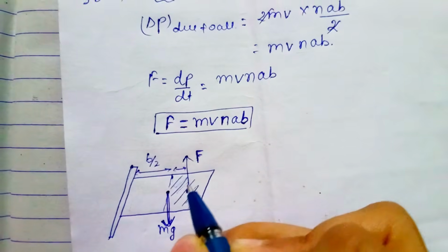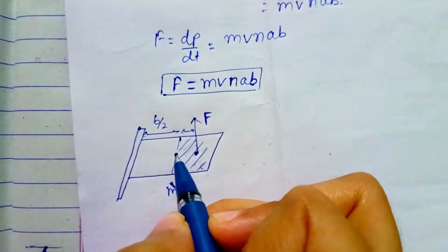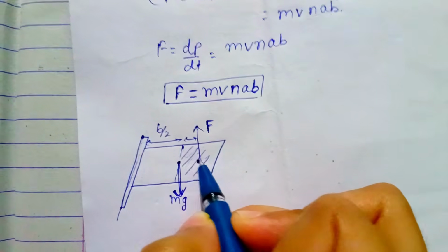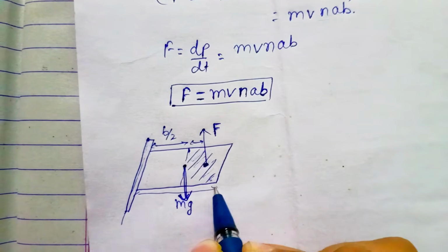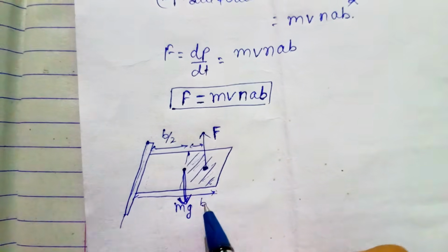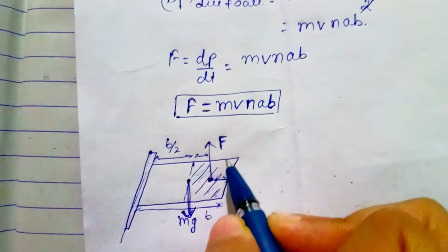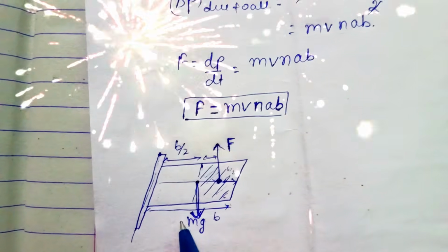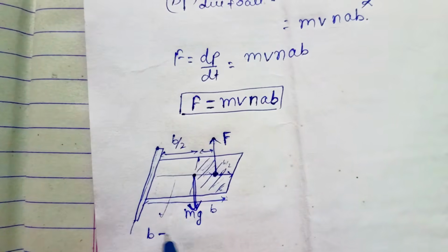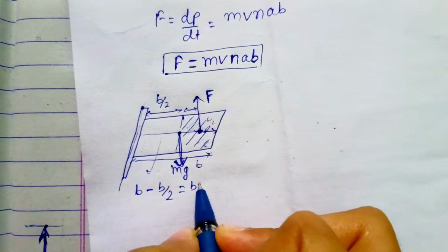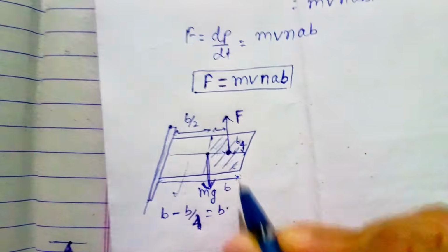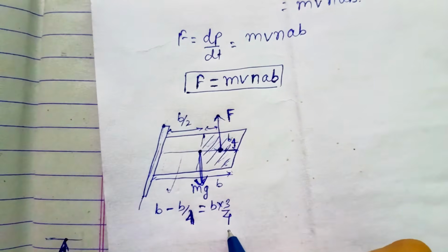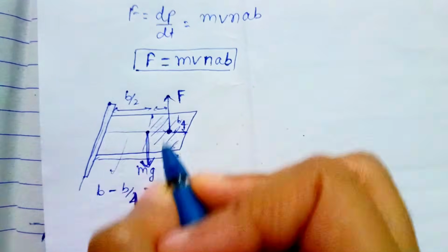The entire distance is b, so the distance of force F from the hinge is b minus b by 4, which gives us 3b by 4. So here we have the distances of both forces from the hinge point.